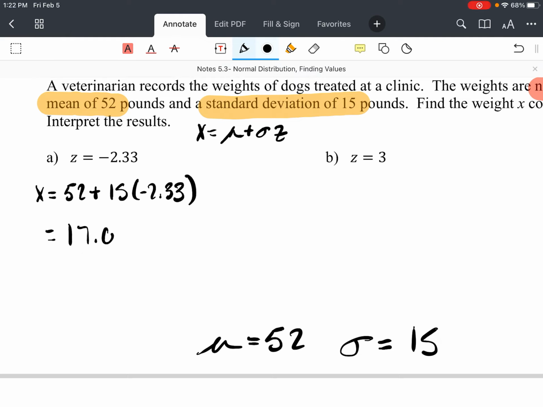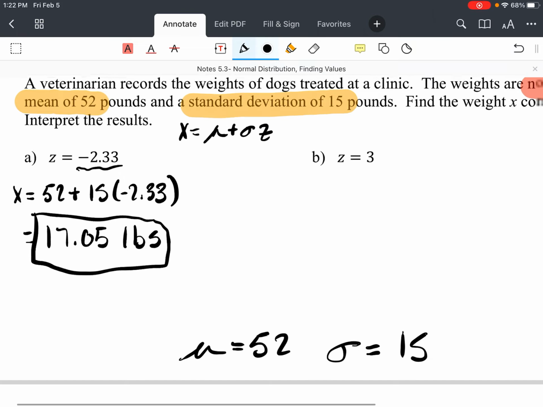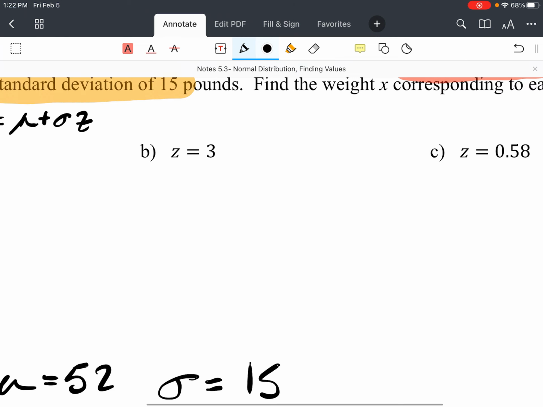I'm going to leave this to you guys to calculate in your calculator, or to at least check me, but you get about 17.05. And remembering that this represents a data value now, we need to label it. So this would be pounds. Okay, so a dog that is about 2.3 standard deviations below the mean is about 17.05 pounds.